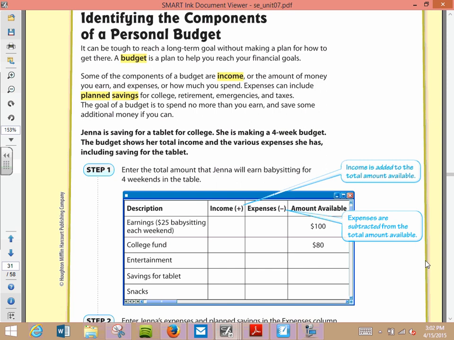So a budget is basically you have a certain amount of money that you can spend. People who are good at budgeting will go to the store with only cash and take just a certain amount, and they know that's all they can spend because that's all the money they have. People like me don't do that. I just go and go crazy.